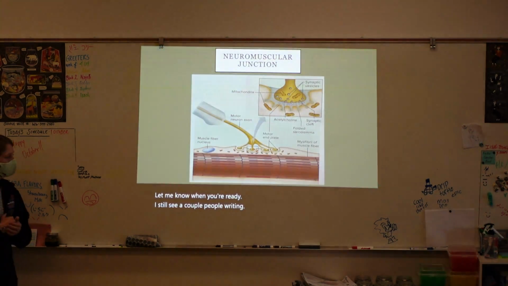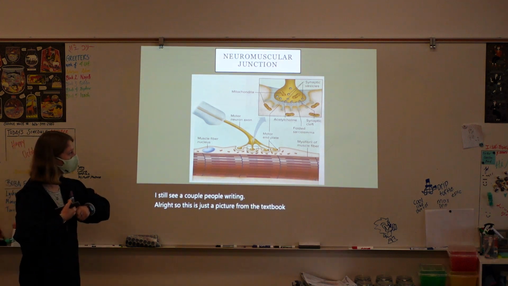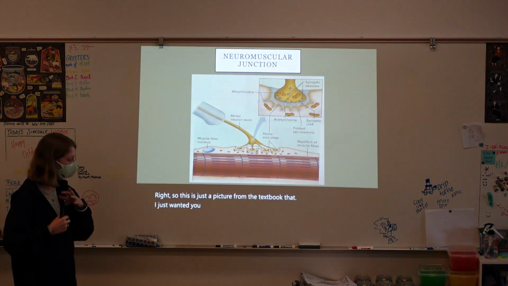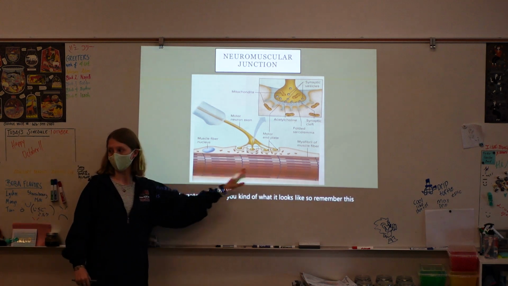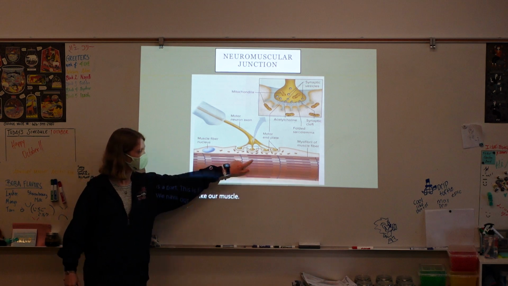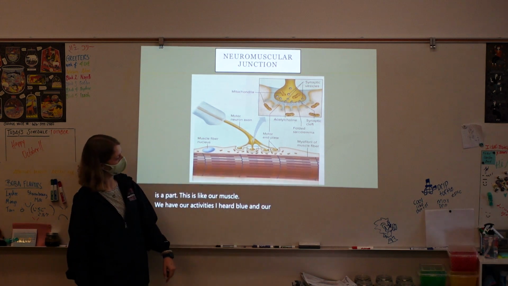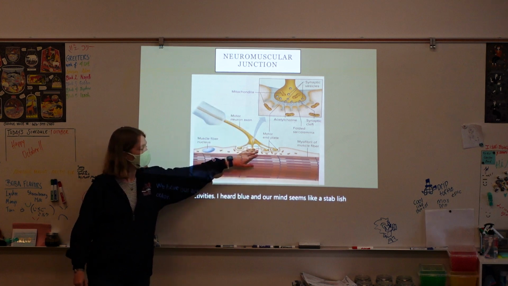So this is just a picture from the textbook that I have. I just wanted to show you kind of what it looks like. So if you remember, this is like our muscle. We have our actin, which is our blue, and then our myosin, which is like a purplish color. And then here we have our motor neuron.